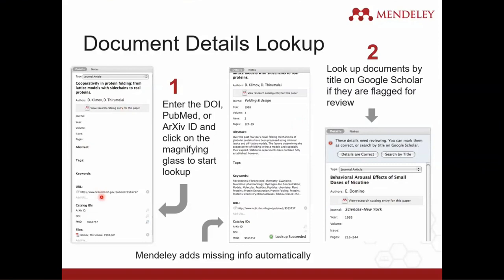But sometimes data may be missing. Fortunately, it is easy to fix. Simply enter the DOI, PubMed or arXiv ID and click the magnifying glass here. Then Mendeley will perform an online search for the correct information.